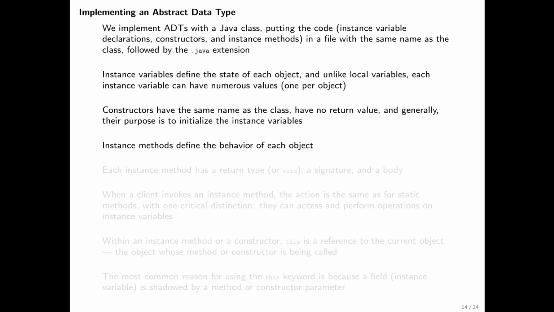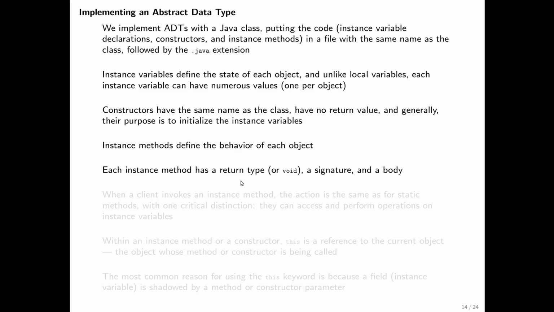Now, instance methods are what define the behavior of each object. And each instance method has a return type or void, and it has a signature and a body. So that's how you define an instance method.